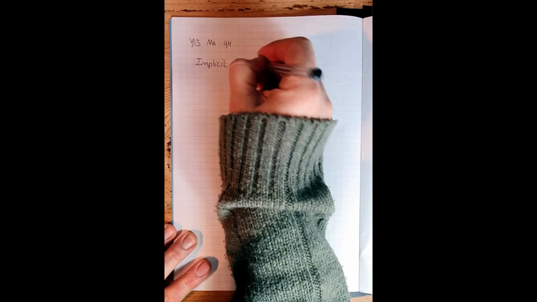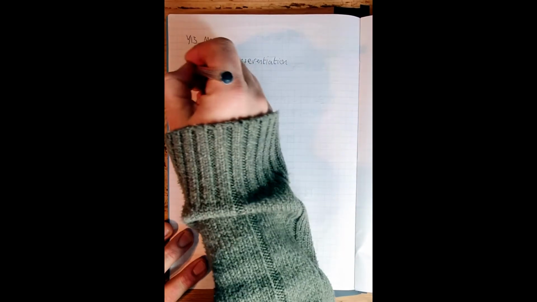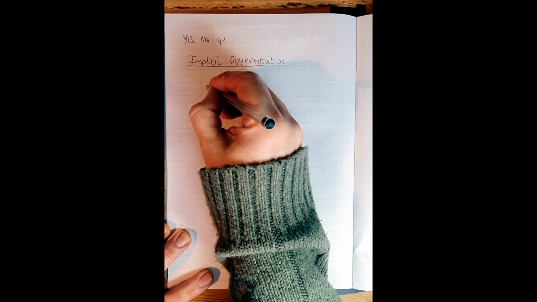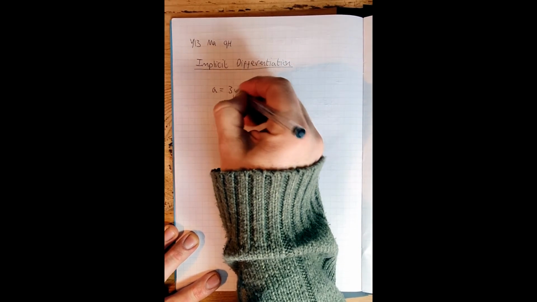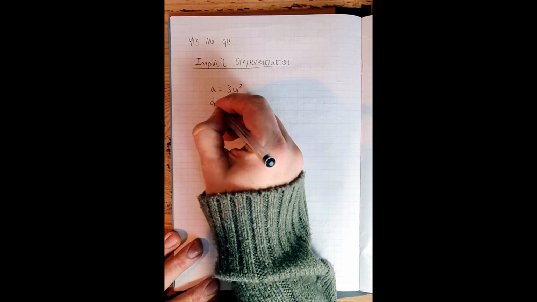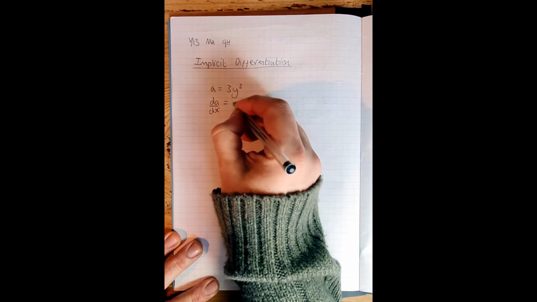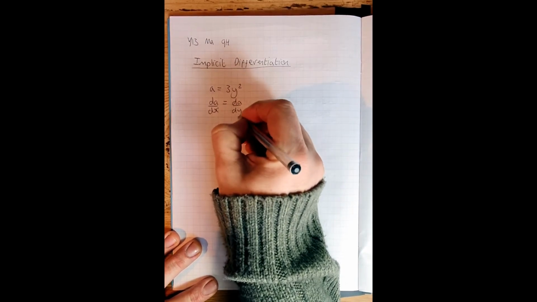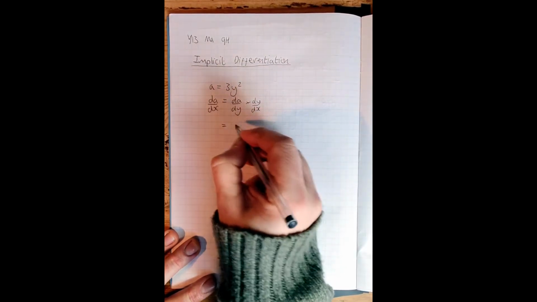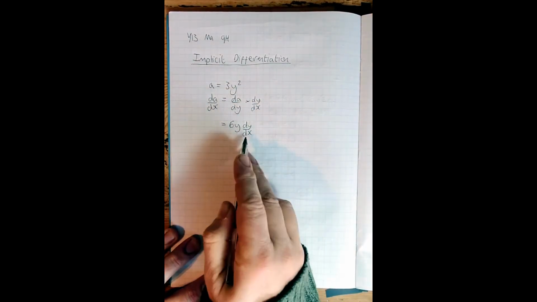So this is, hang on, let me write it first. This is the idea that if I have a function in y, but I want to differentiate it with respect to x, I use the chain rule, and I multiply by dy dx.